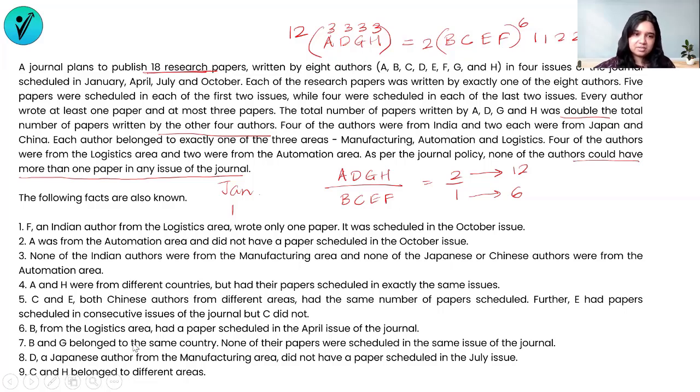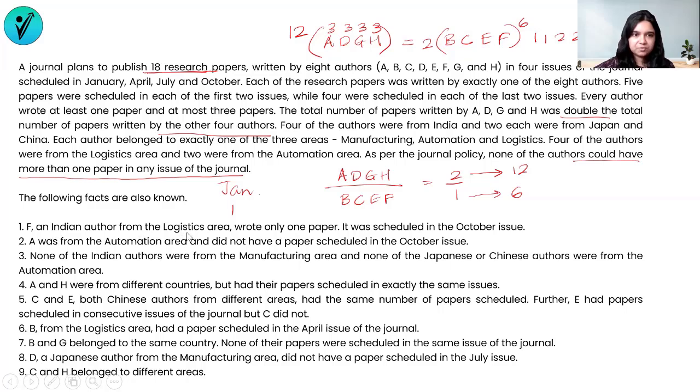And then there are another set of information pieces that are given to us. Now, this is going to be more specific to certain people or certain areas or certain countries, and certain paper numbers as well. So we'll come to that. Let's give it a read first, and then we'll see how to represent all this information that we've gathered.